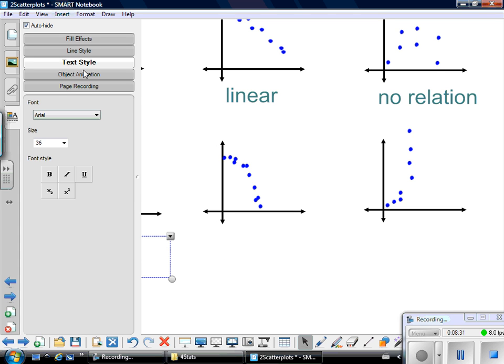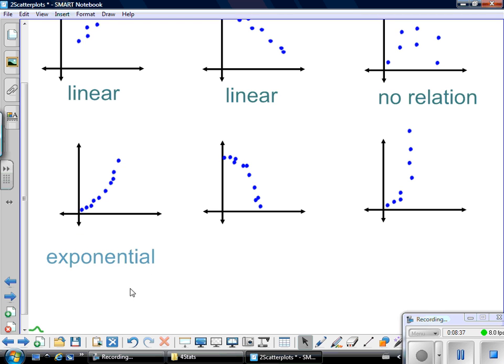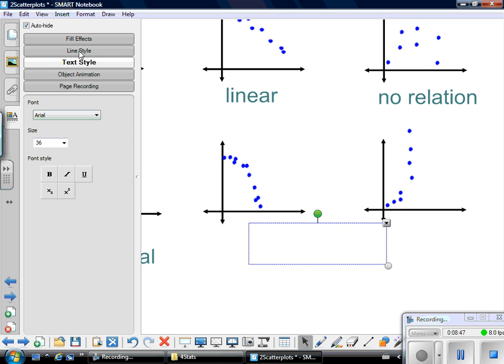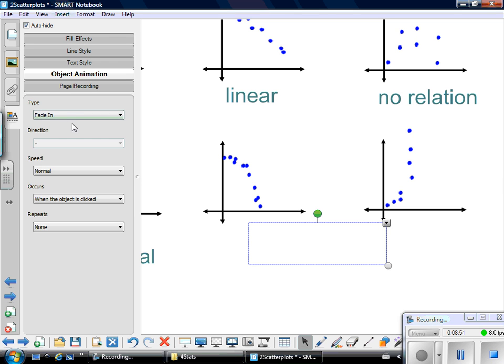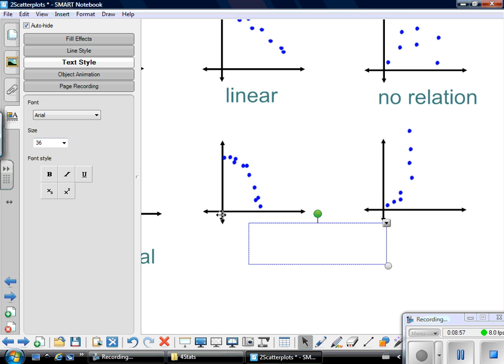And as I said, for some reason, it does not want to show me what that is. Let me play one more time with it. Exponential. There it stayed. Now these two here, I'm going to say that they are quadratic.